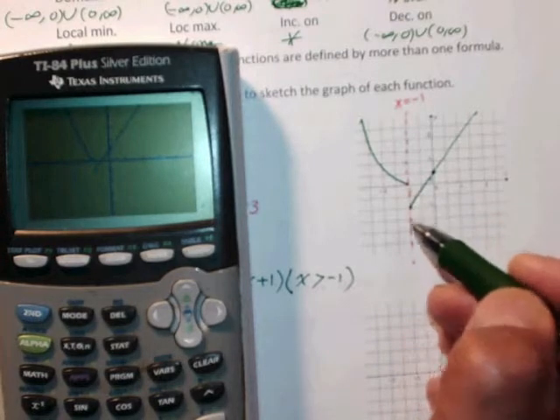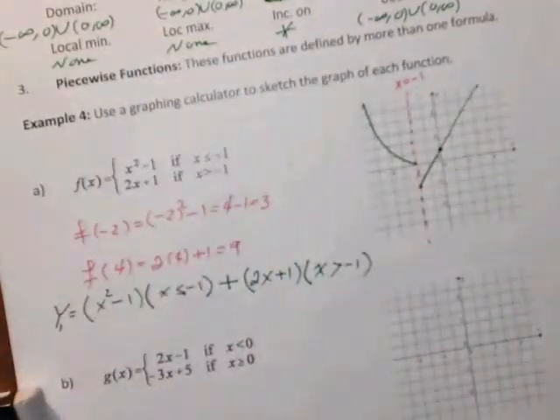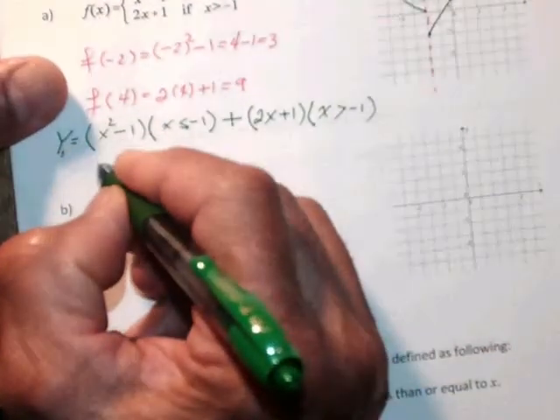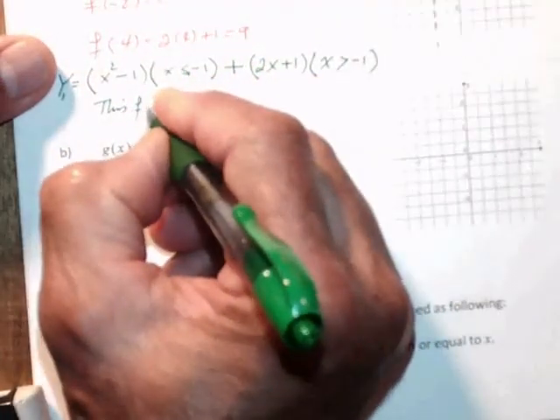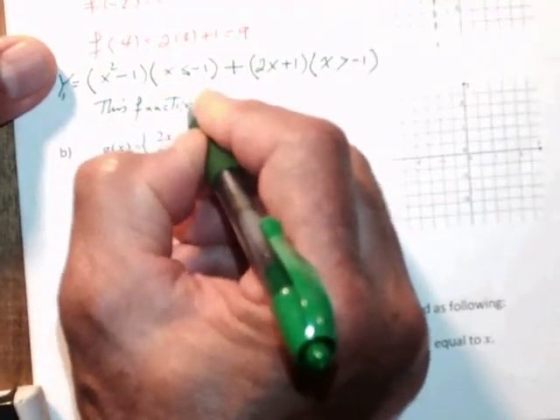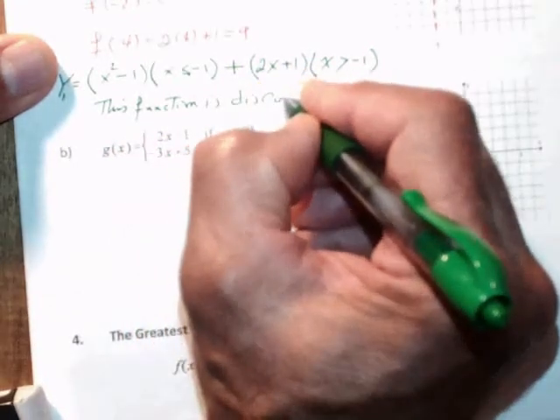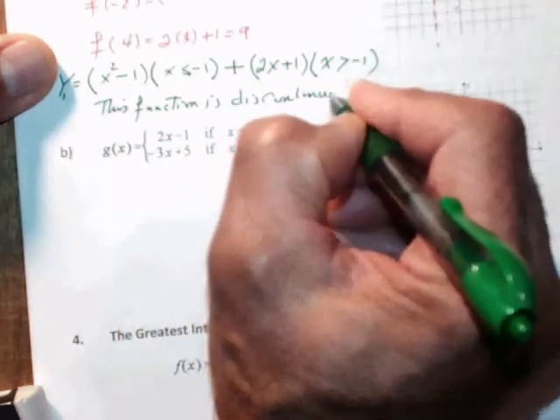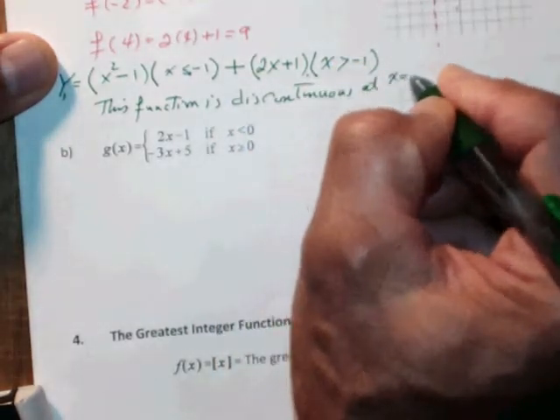So we say this function is discontinuous at x equal to -1.